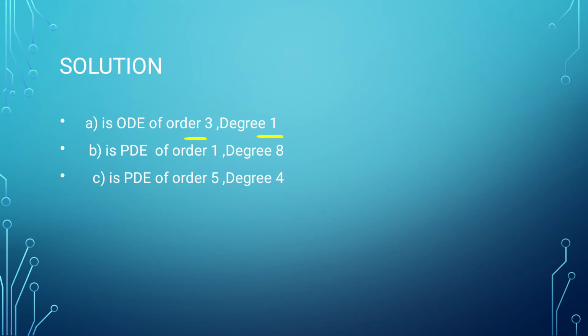If you did not see the first tutorial about the difference between ODE and PDE, that's partial differential equation and ordinary differential equation, you can check our previous video. So this is a PDE of order 1 and degree 8. Then C is also a PDE of order 5 and degree 4.